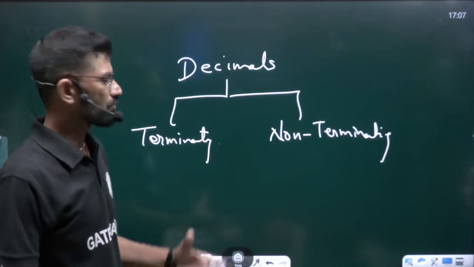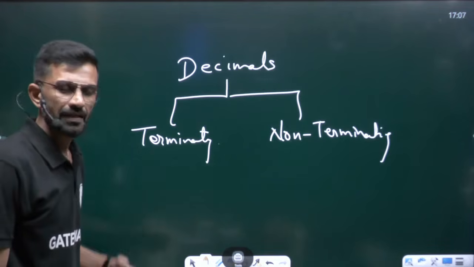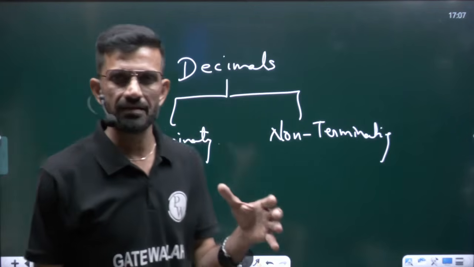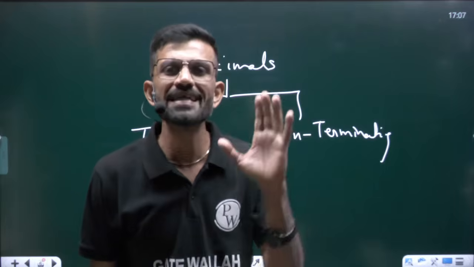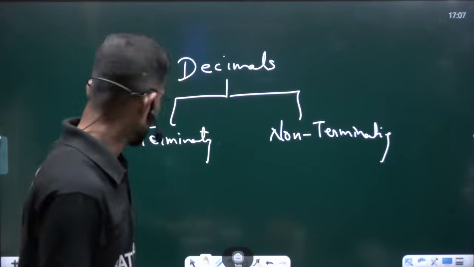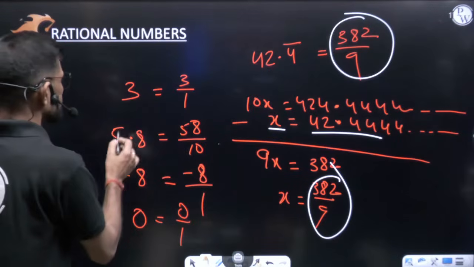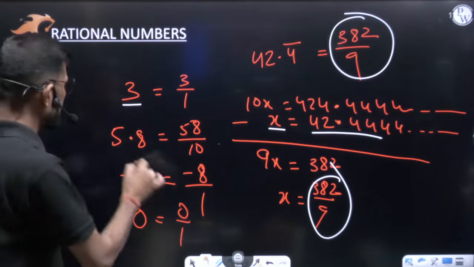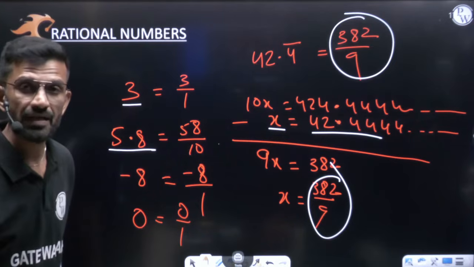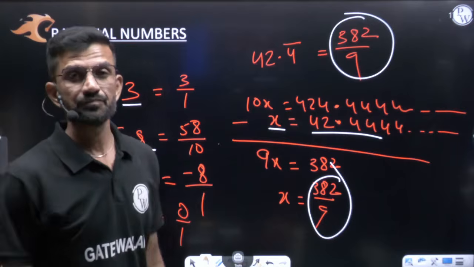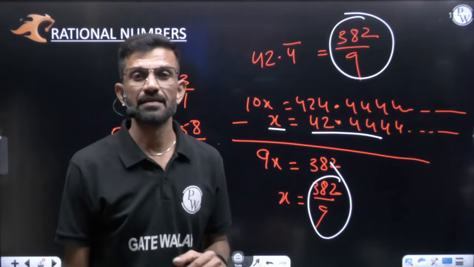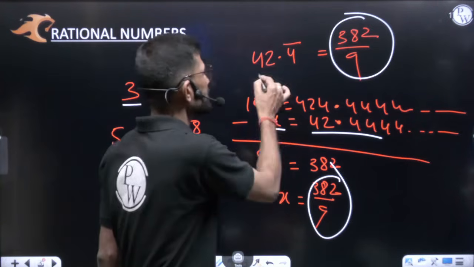Now you will ask me, sir, what is this word terminating? Terminating means some ending is there. For any such decimal, somewhere it ends. Like in the previous slide, 3 was a terminating decimal, and 5.8 was a terminating decimal. But there are some decimals which are non-terminating, meaning the ending won't come, like 42.4 bar.